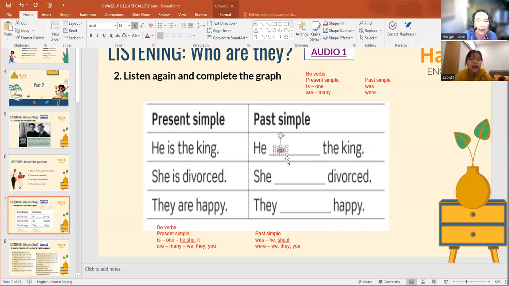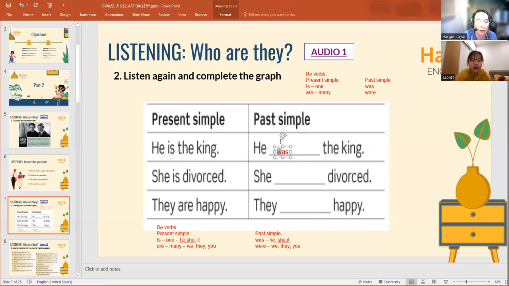So therefore, it's was, because it's of one. Next, she is divorced. She was divorced. So was still, because we are talking only of one subject, which is she. They are happy. So they were happy.